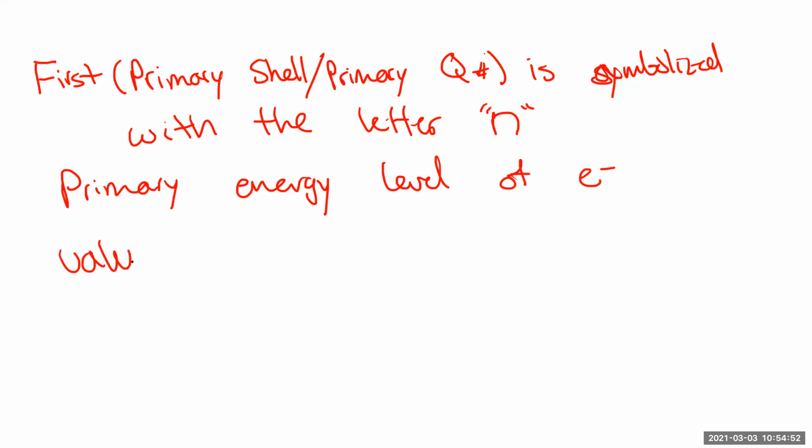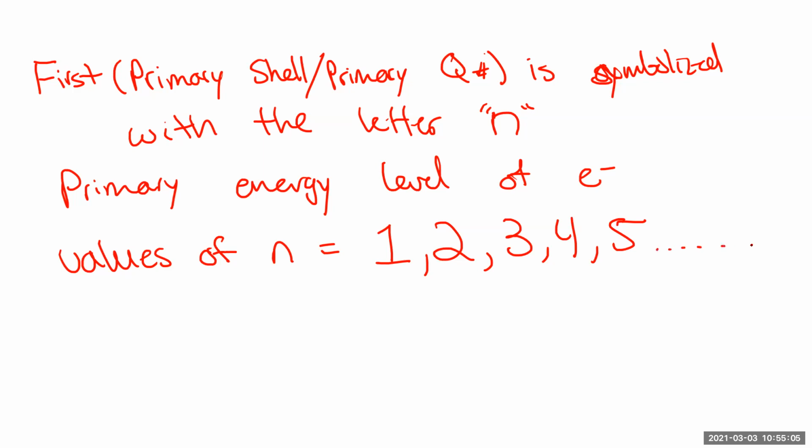The values or numeric values associated with N start at 1, the primary quantum energy level. Then you can go to 2, 3, 4, 5, so on and so forth. Okay.